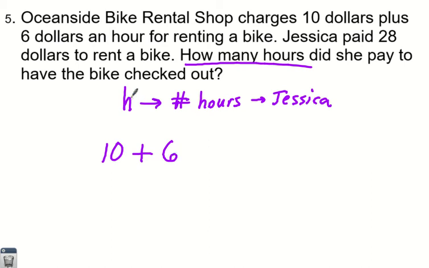Well, we don't know, it's H, but we're still going to do 6 times H, because H for us is the unknown number of hours. And so we do 6 times whatever, and then we also add 10, and that's going to equal the total cost, which for Jessica is 28. And so there's our equation that involves this unknown number of hours that we can now find out by just getting H by itself.